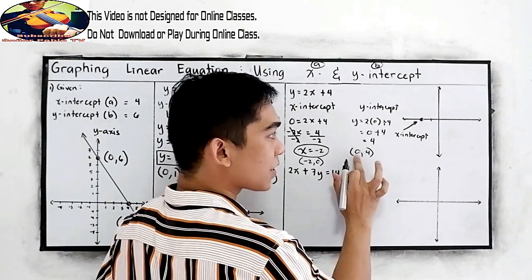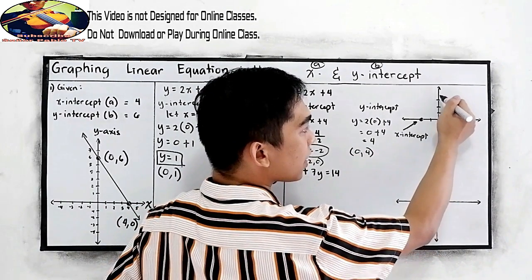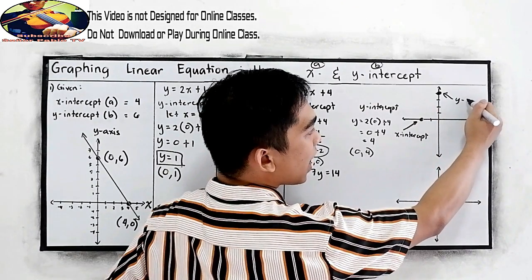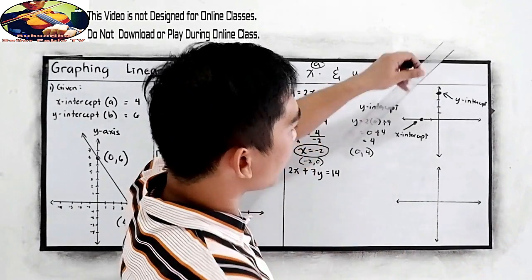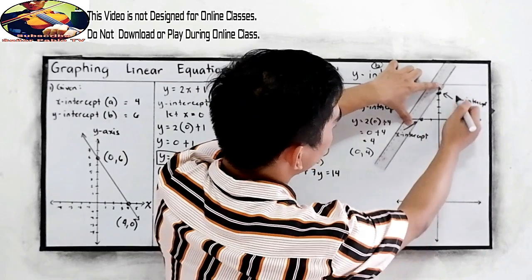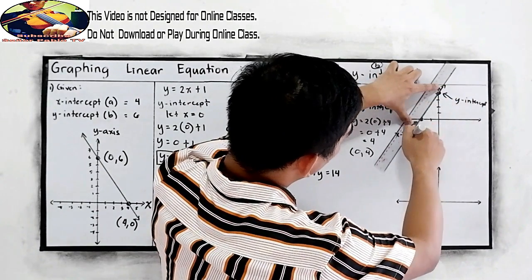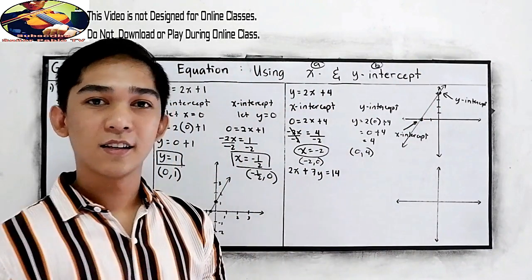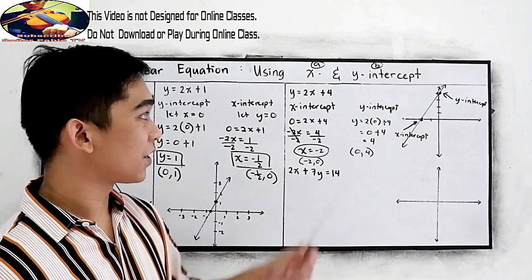And for our y-intercept, 0, 4. 0, 1, 2, 3, 4. This is our y-intercept. Now connect our 2 points. Okay. This will be the graph of our equation.